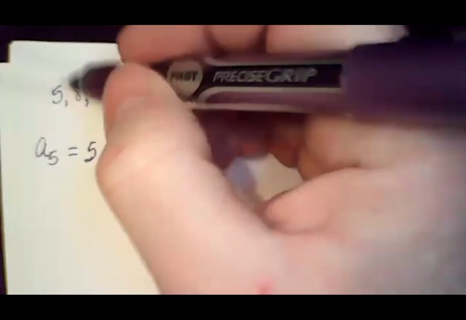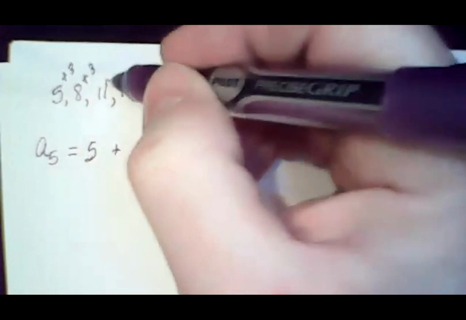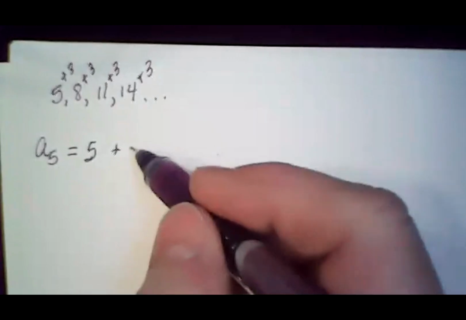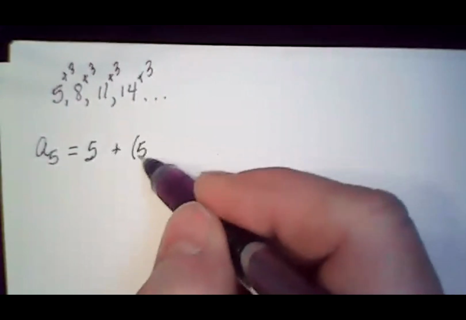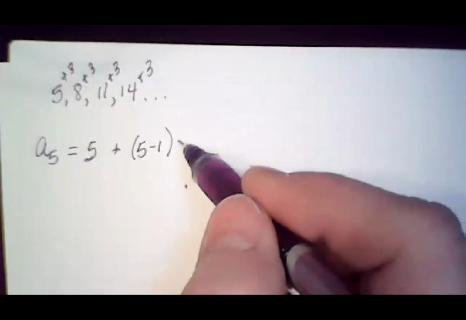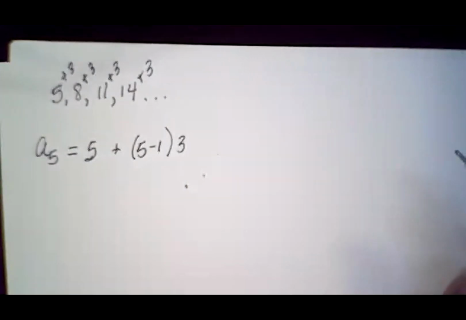So I had to add 3 to 5, I had to add 3 to 8, I had to add 3 to 11, and I have to add 3 to 14. So I've added 4 3s. We're looking for a sub 5, or n is 5. So the n minus 1 here just tells me how many times you're adding the common difference, which is 3.